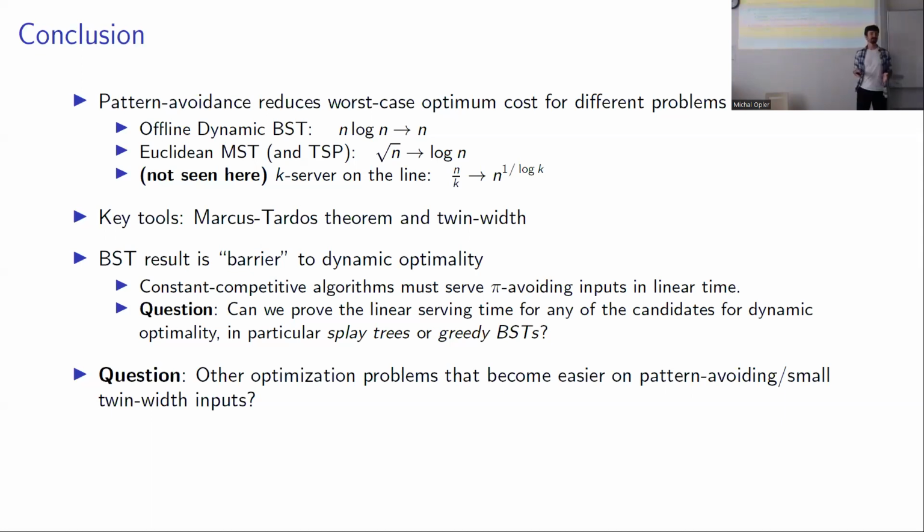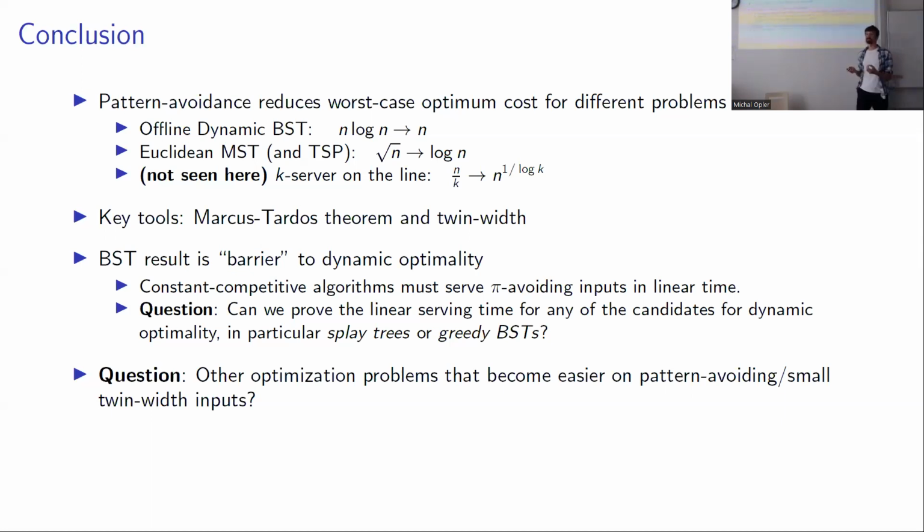The positive way is if at any point somebody proves that splay trees or other BST balancing strategy is dynamically optimal, then you immediately know, for instance, that you can sort pattern avoiding sequences in linear time because we have this offline linear cost. So therefore, this online strategy must also take at most linear time.